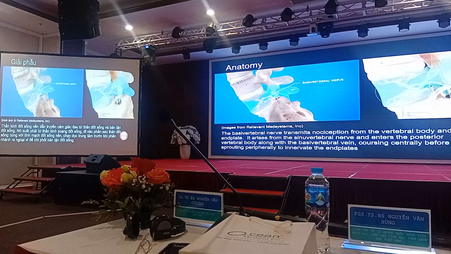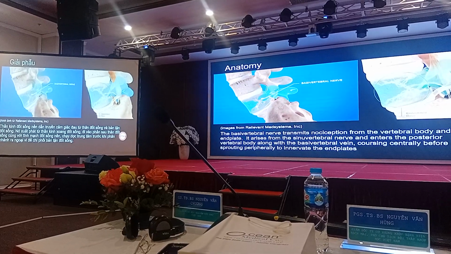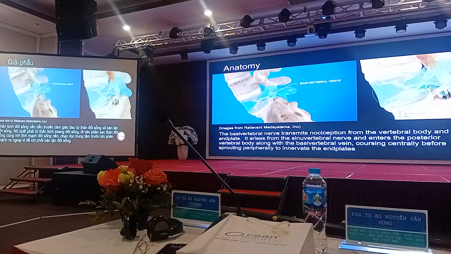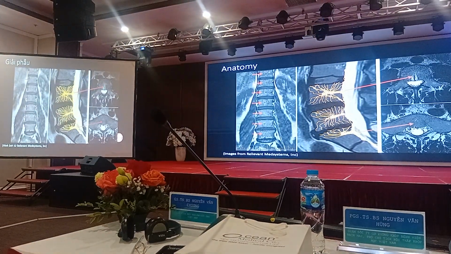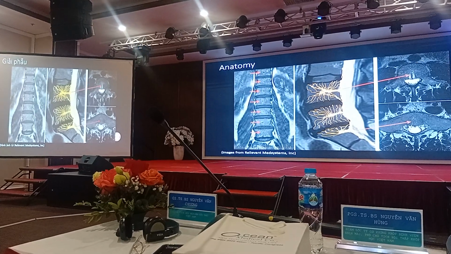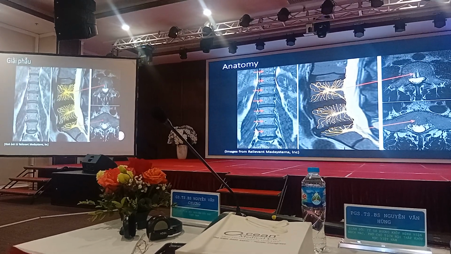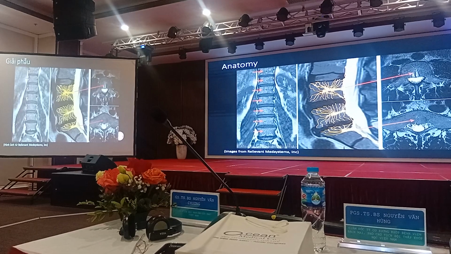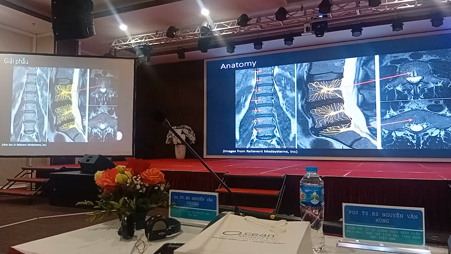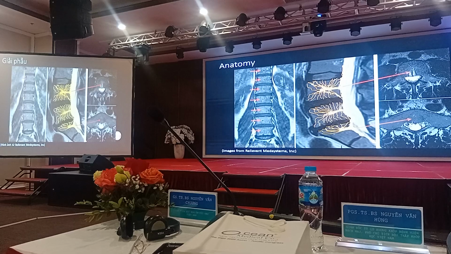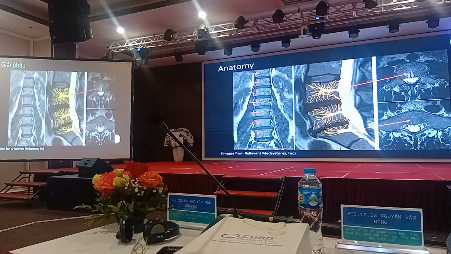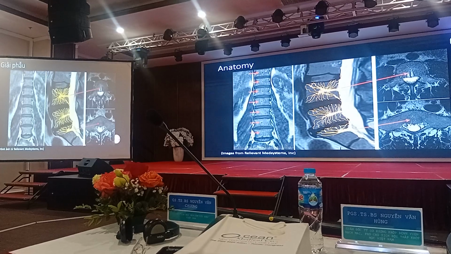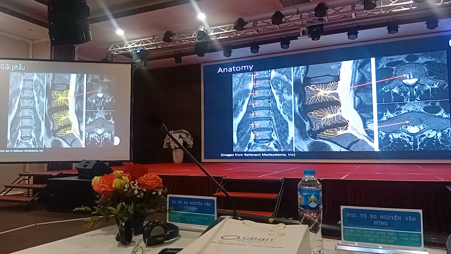So it enters through the basivertebral foramen and sprouts peripherally. Okay, and this is an MRI schematic showing what this would look like. So in the basivertebral foramen centrally, you can see the sinuvertebral nerve over here with the basivertebral nerve sprouting peripherally to supply the end plates. This is what it looks like on our axial image.